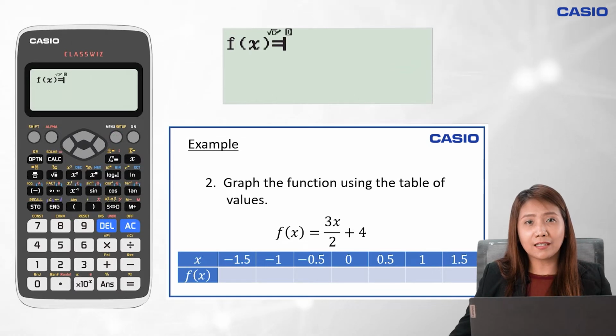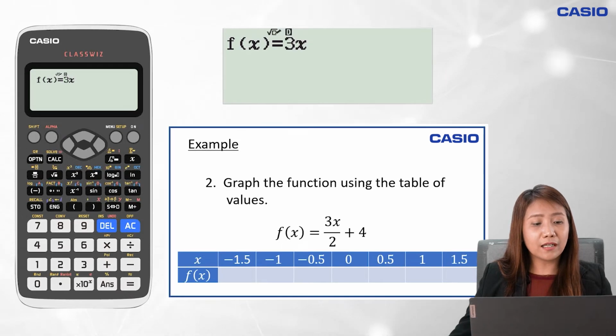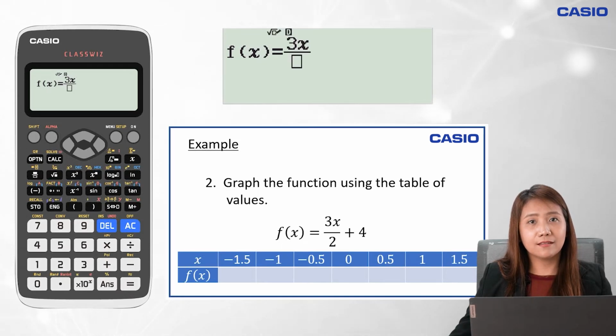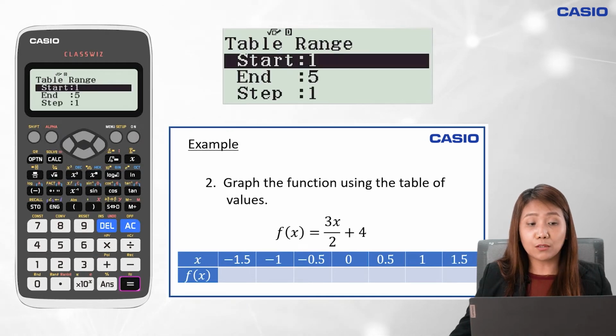Input the function, that is 3x, followed by the fraction key. Then we input 2 in the denominator, arrow right, we input plus, followed by 4. Press equal sign twice, and it will direct us to the table range.